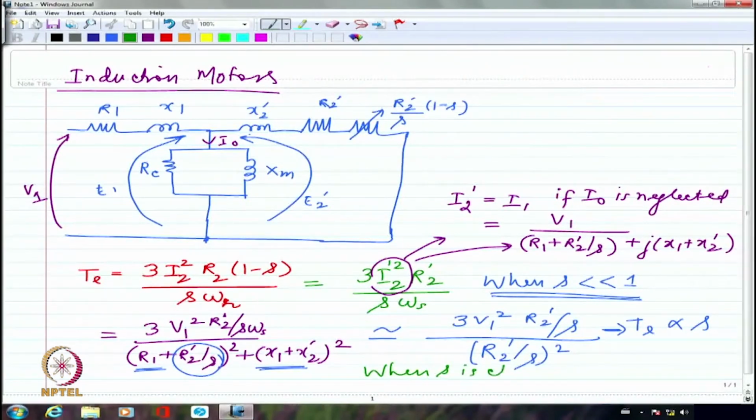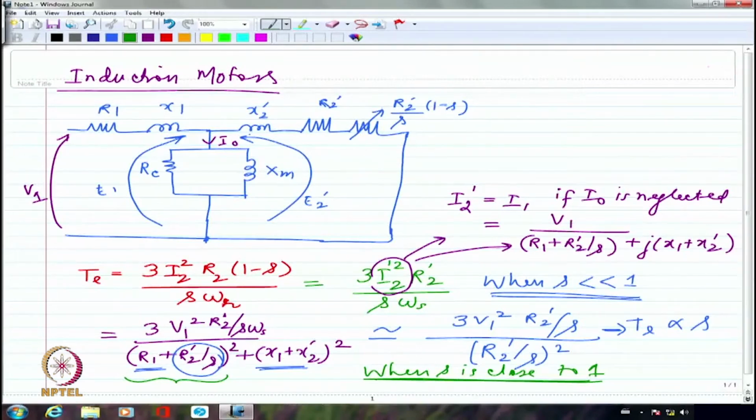On the other hand, when the slip is close to 1, which is equivalent to the starting condition. Starting condition, omega r is 0. If omega r is 0, the slip is 1. So when I have the slip equal to 1, this entire portion is going to be negligible as compared to X1 plus X2 dash.